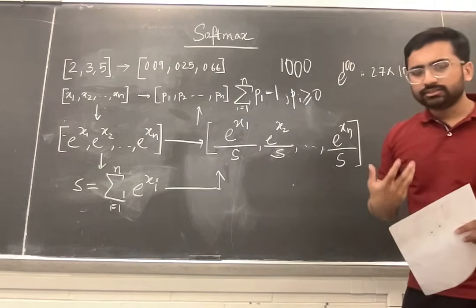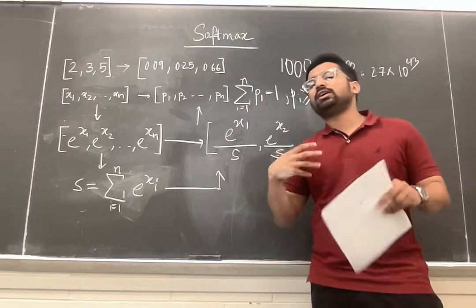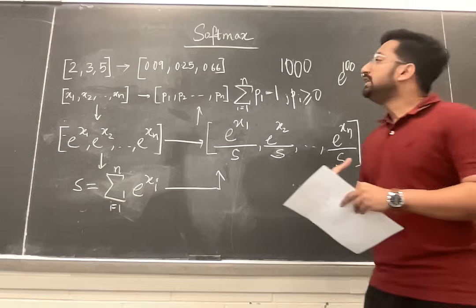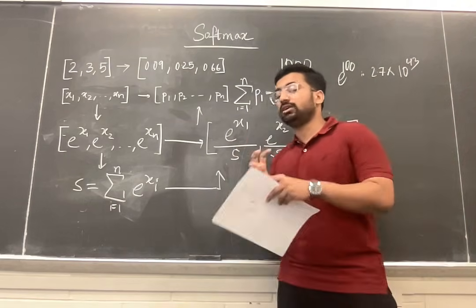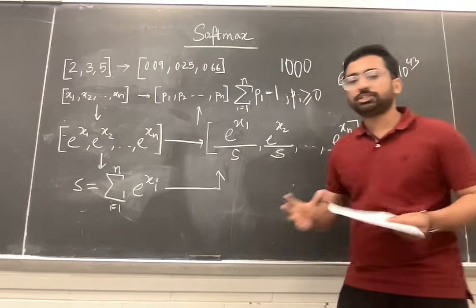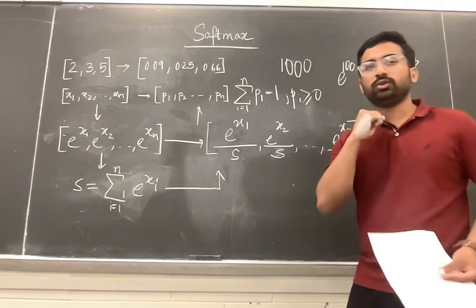So the basic idea is that we want to make sure that the computer doesn't go into this huge number aspect. So we have to make sure computationally, in a numerical manner, we settle this issue. So we do the following.